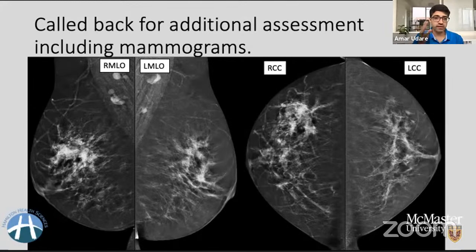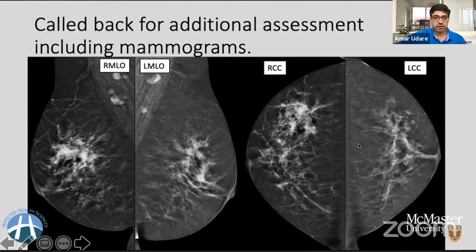Compare the right side to the left side. On the right side, the breast appears quite dark, especially the fat, as compared to the left side. And you definitely see this focal asymmetry in the upper outer quadrant of the right breast. That is nothing but the area of the patient's palpable concern. So you have focal asymmetry, and you're seeing that one breast is darker than the other.